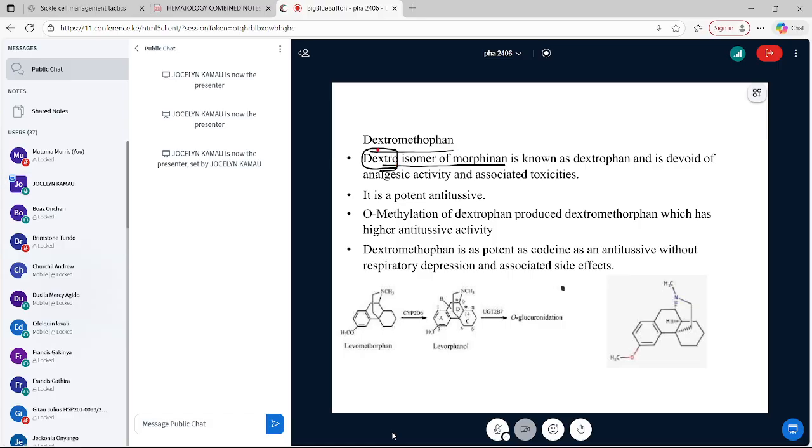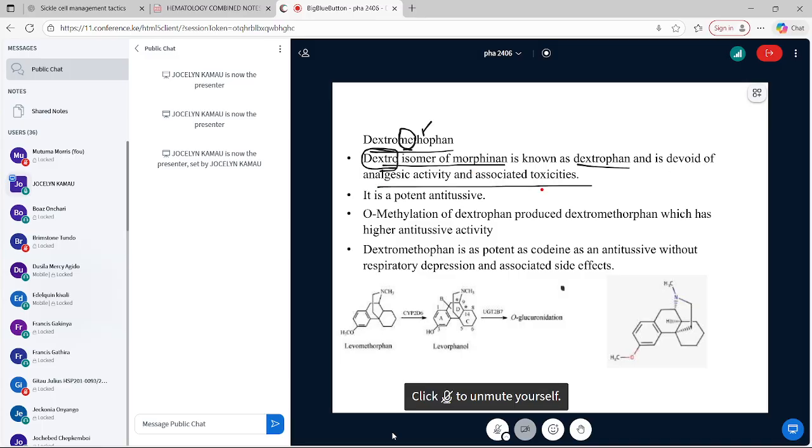So dextromethorphan, again, you can see methyl, ME, there. It means also the hydroxyl group of levorphanol has been changed to a methoxy group. So this is closer to codeine than morphine. The dextro isomer of morphine is known as dextrorphan, and is devoid of analgesic activity and associated toxicity.